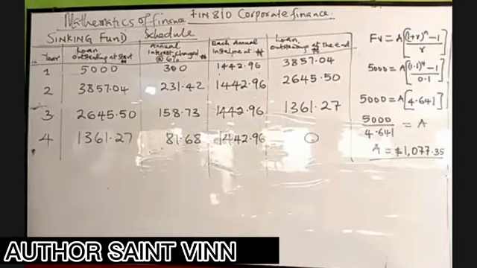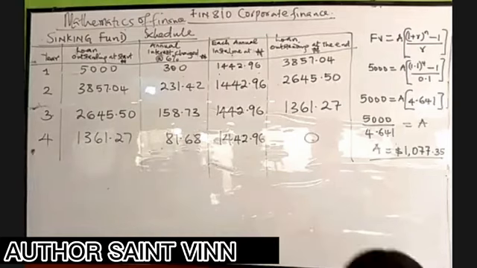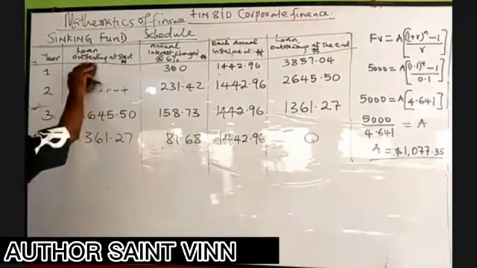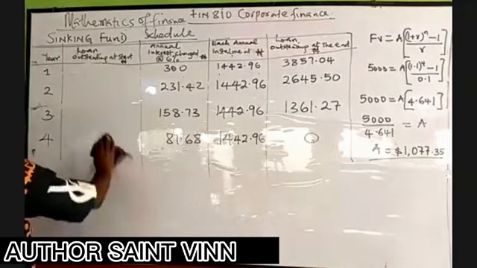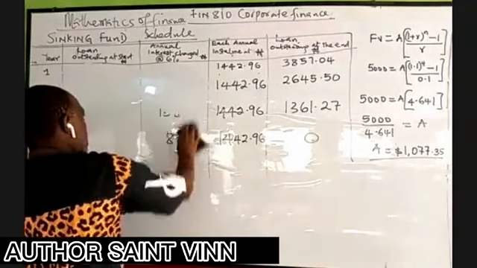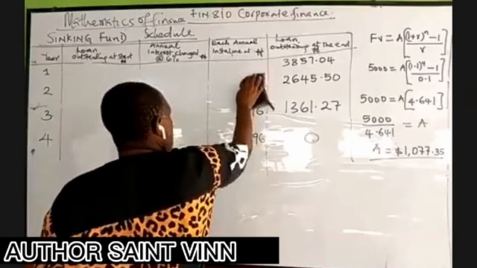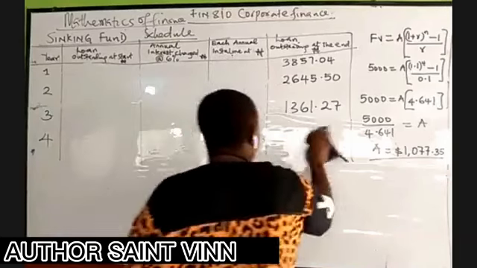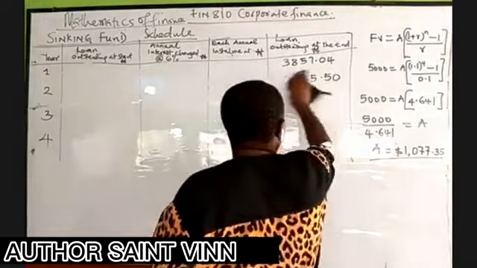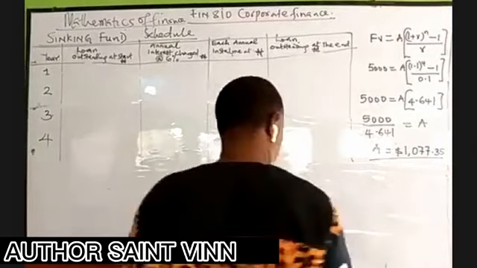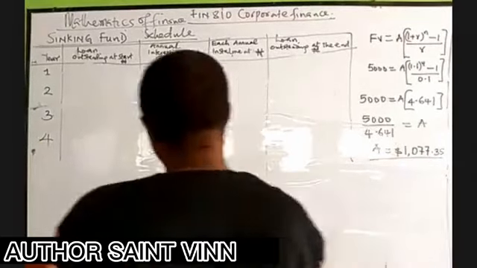So, just to make the change, I don't need to draw another line. I will change the headings anyway. I just clean and then adjust the thing. Don't forget, this is not a loan.